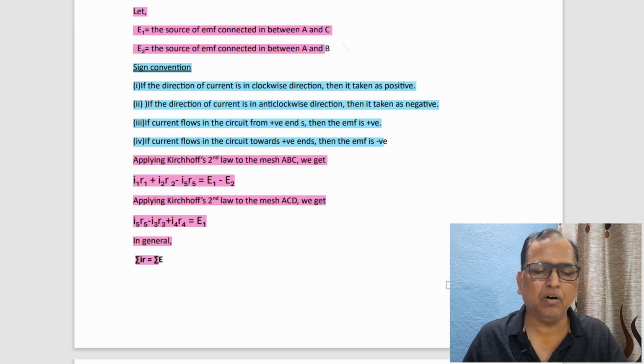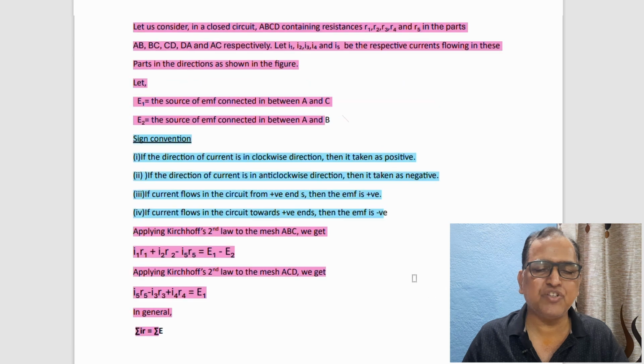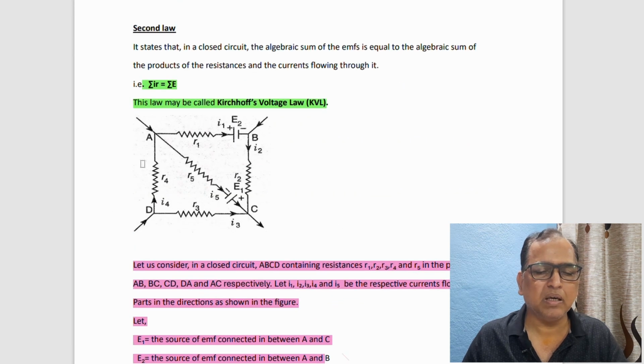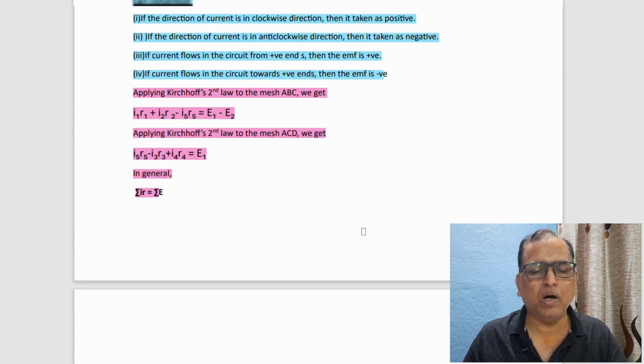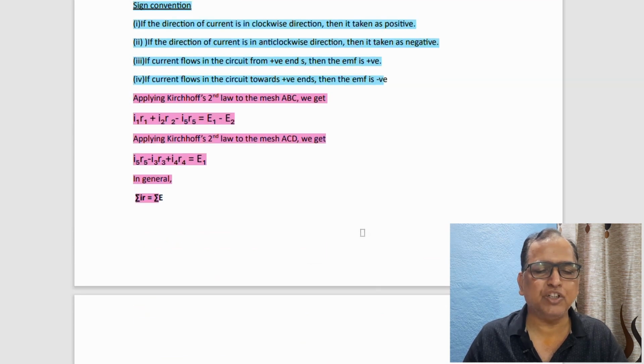Applying Kirchhoff's second law to the mesh ABC, I1 R1 plus I2 R2 minus I5 R5 is equal to E1 minus E2.